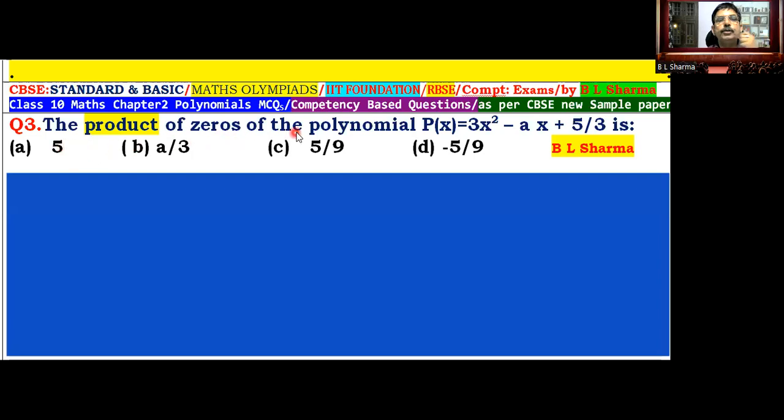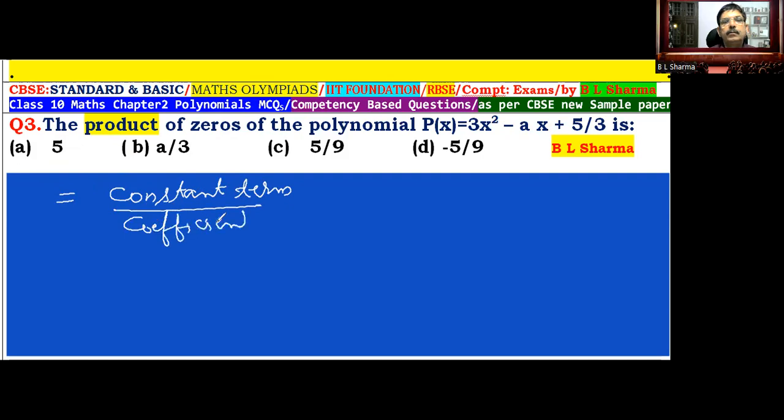The product of zeros of the polynomial 3x square minus ax plus 5 by 3 is? We know that the product of zeros is given by the constant term upon the coefficient of x square.